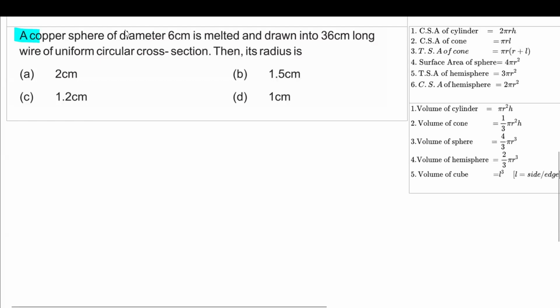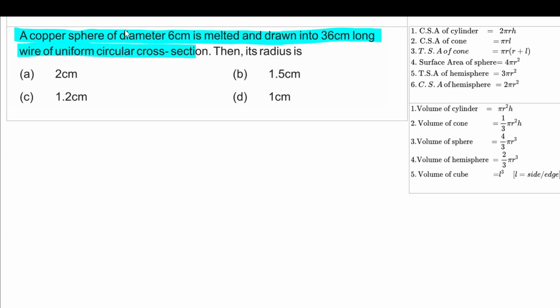In the next question, it says a copper sphere of diameter 6 centimeter is melted and drawn into a 36 centimeter long wire of uniform cross section area, and what we have to find out is the radius. You should know that the shape of a wire is taken as cylindrical. So the volume of this wire is equal to the volume of the sphere. So their volumes are equal.